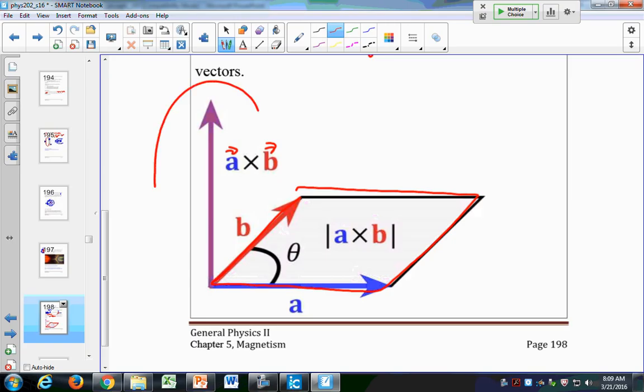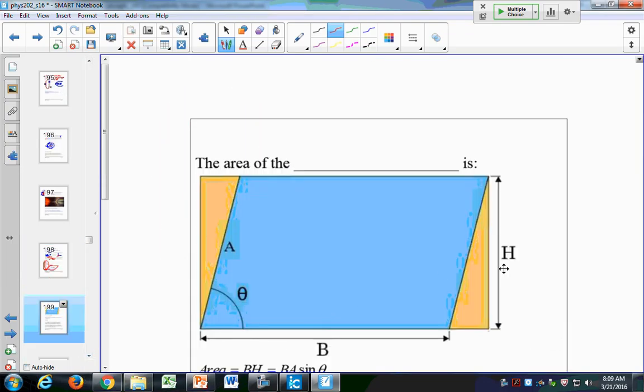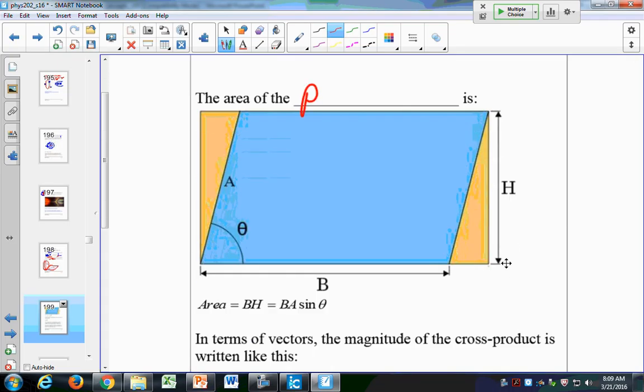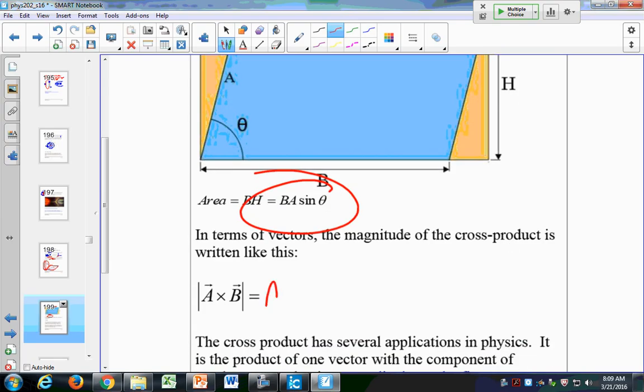All right, the direction of A cross B will be here, and the magnitude will be given by the area of that parallelogram. And so the area of that parallelogram is given by BA sine theta. So our area is given here. And in a similar way, if we want to know the magnitude of our cross product, it's going to be equal to AB sine theta.